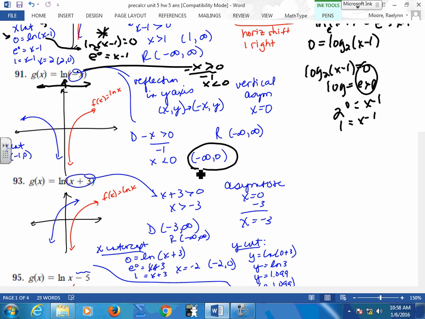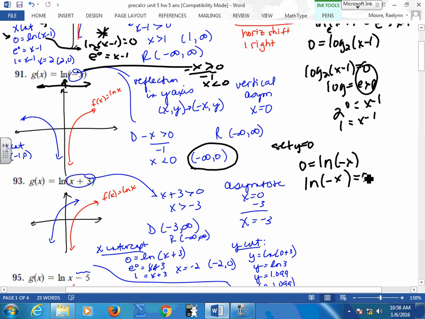Okay, find your asymptote. Did it change by reflecting it over the y-axis? No. The point flipped right over to here, negative 1, 0. We need to find this algebraically. So let's set y equal to 0. If it helps, put it this way.